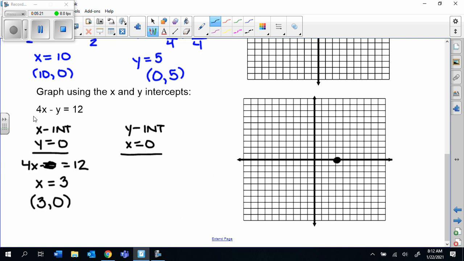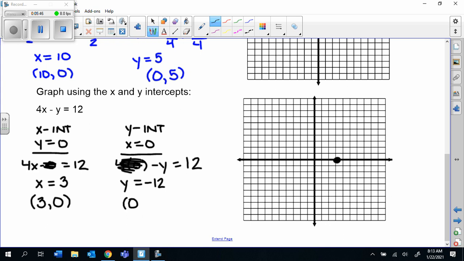If I plug in x equals 0, be careful with that negative. 4 times 0 is 0, but I do have this negative right here, so if negative y equals 12 and I divide both sides by negative 1, then y is negative 12.